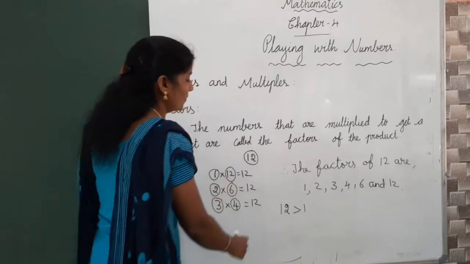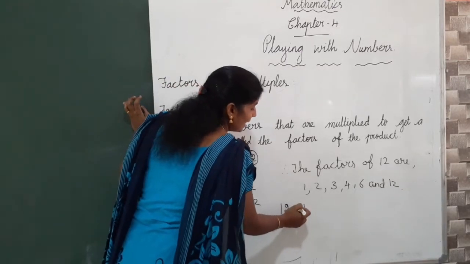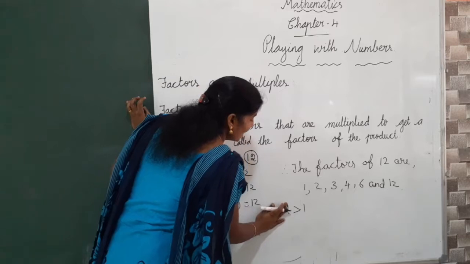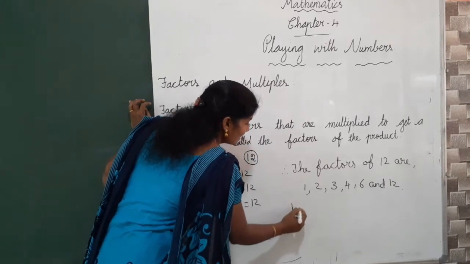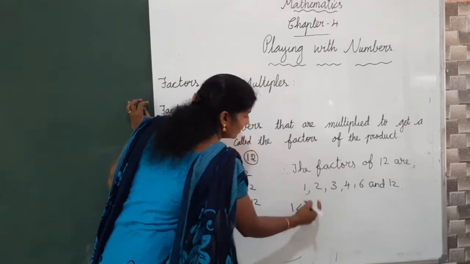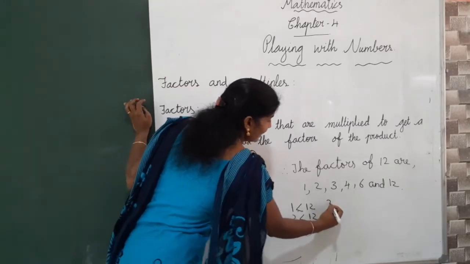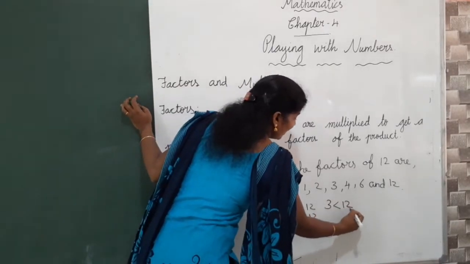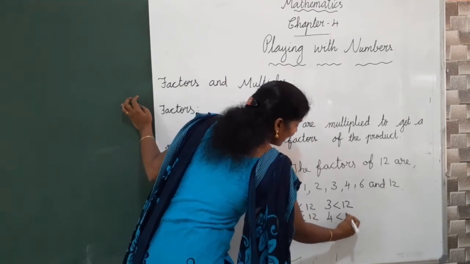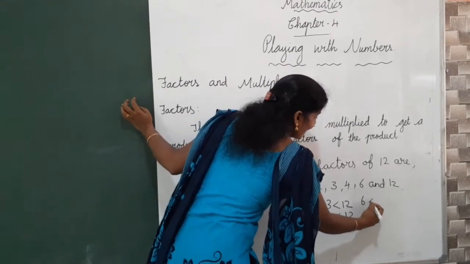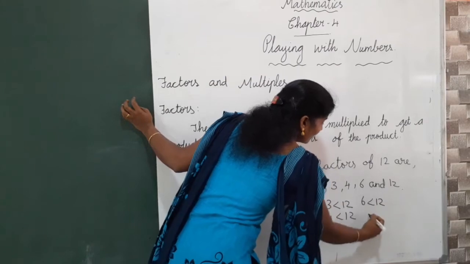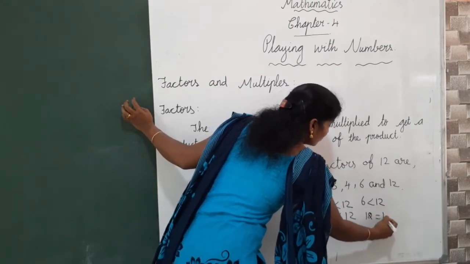Now here, 12 is greater than 1. Otherwise we can write 1 is less than 12. Then 2 is also less than 12. Then 3 less than 12, 4 less than 12, 6 less than 12. Then 12 equal to 12.